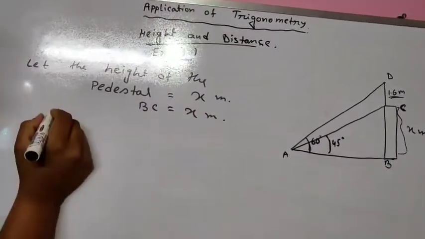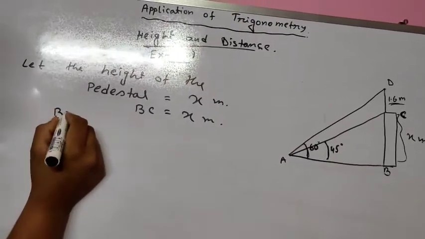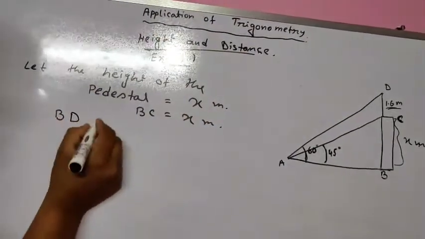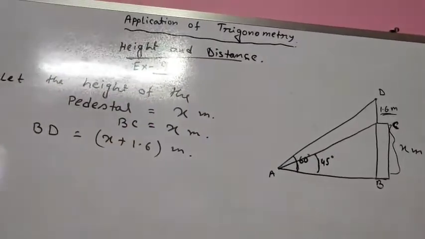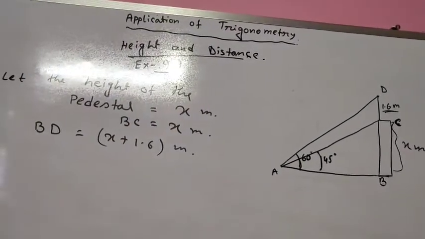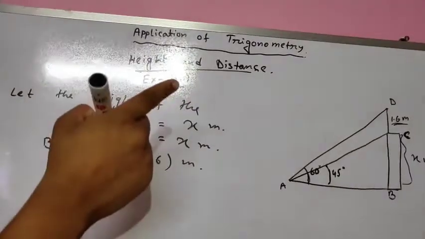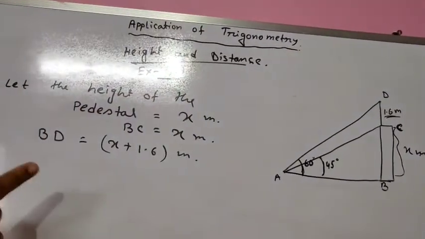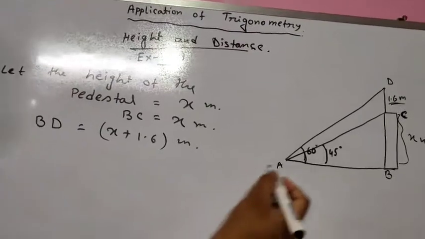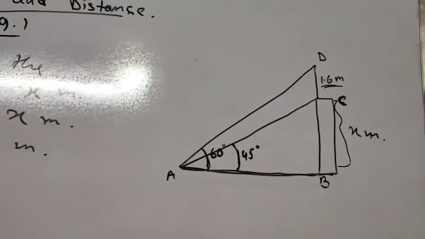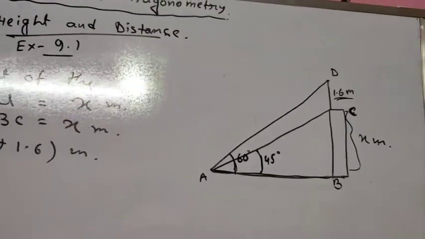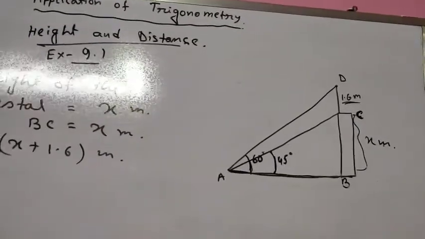Now what will be the length of BD? BD equals x plus 1.6 meter. Both triangles ABD and ABC are right angle triangles. From both the triangles we are going to find the value of AB, and then make them equal, because it is the same distance, and from that relation we are going to find the value of x.